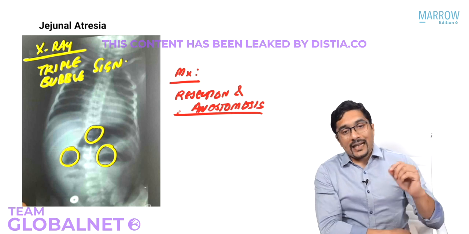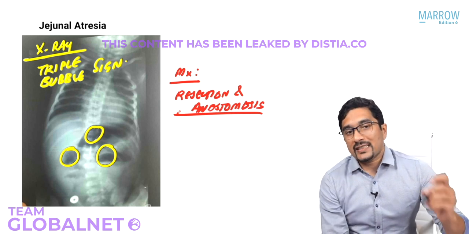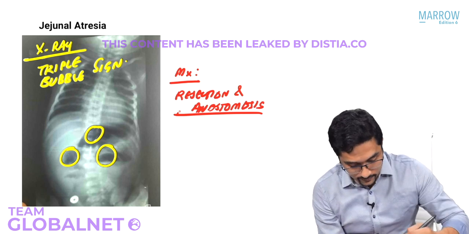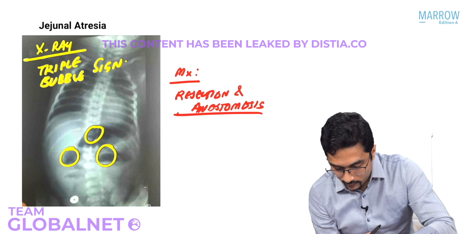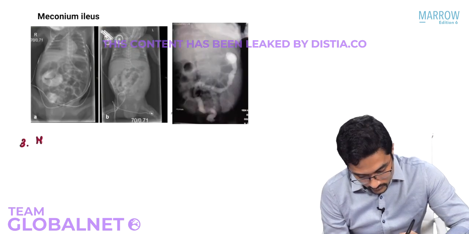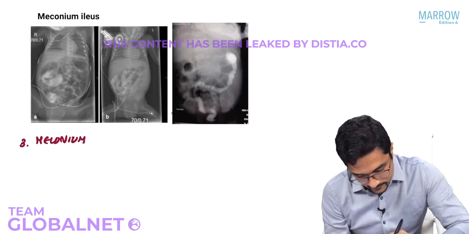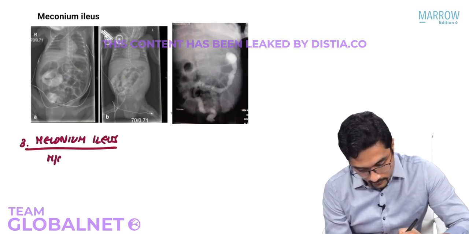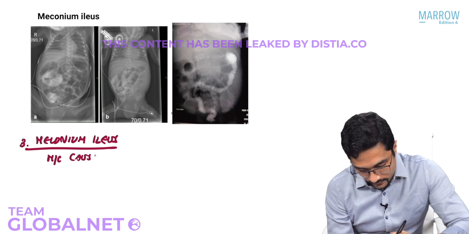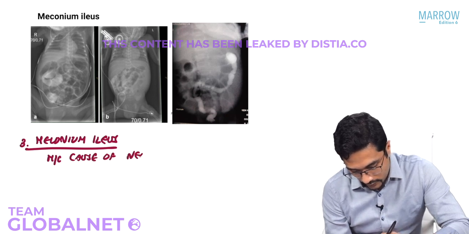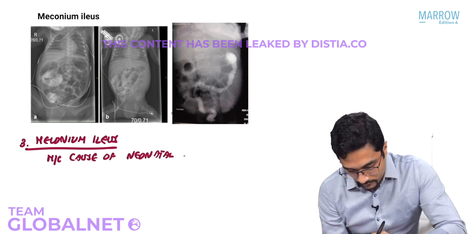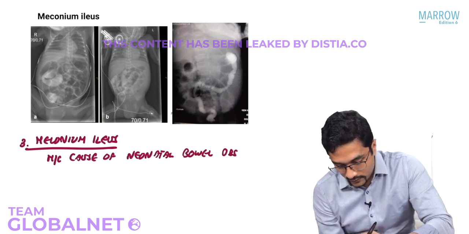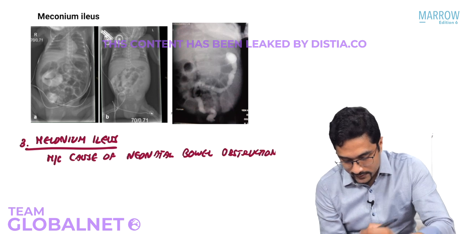Another type of dynamic bowel obstruction which is seen in children or neonates is meconium ileus. So next we'll talk about meconium ileus. Meconium ileus is one of the most common causes of neonatal bowel obstruction, meconium ileus or meconium plug syndrome.